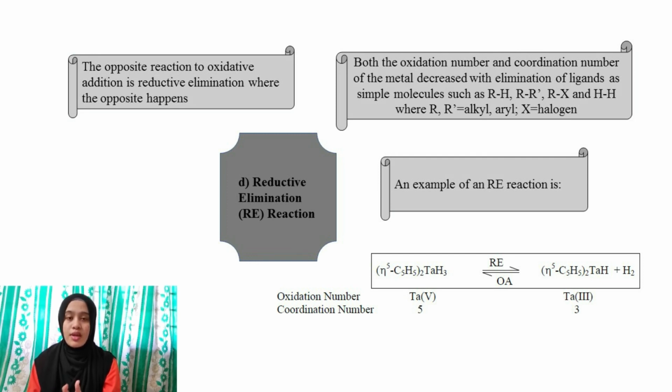Both the oxidation number and coordination number of the metal decrease with elimination of ligands, such as simple molecules such as R bonded with H, R bonded with R prime, R bonded with X, and H bonded to H, where R and R prime are alkyl and aryl, and X is a halogen. As we can see, here is an example of a reductive elimination reaction.